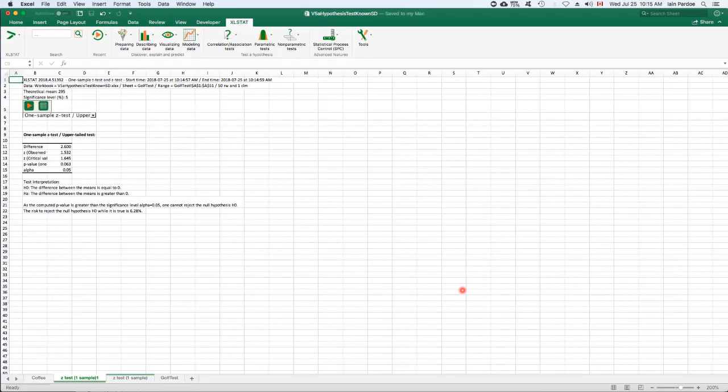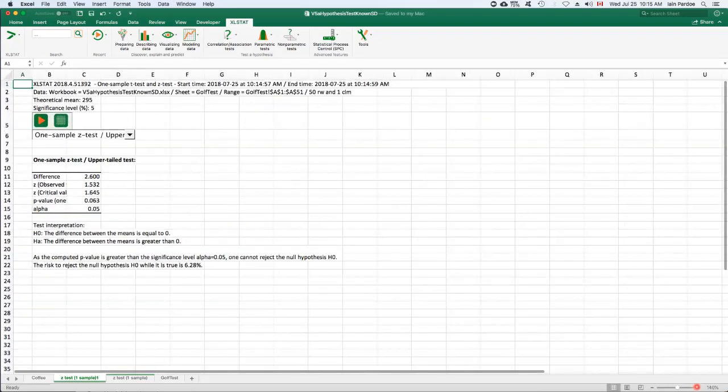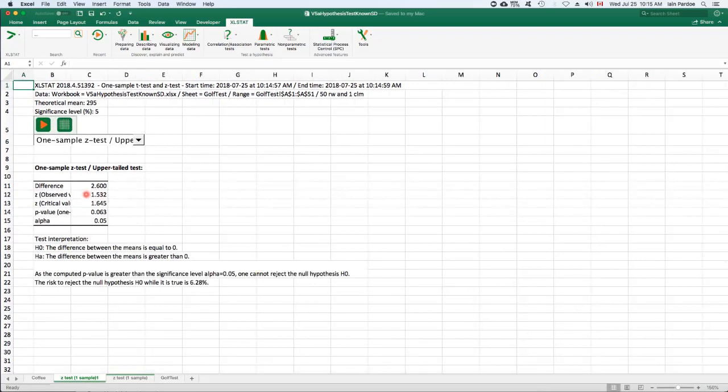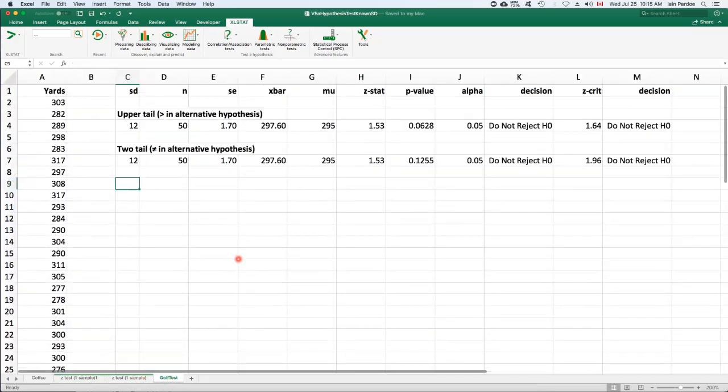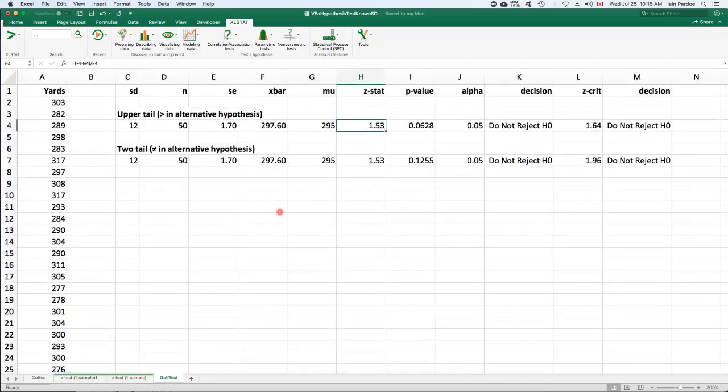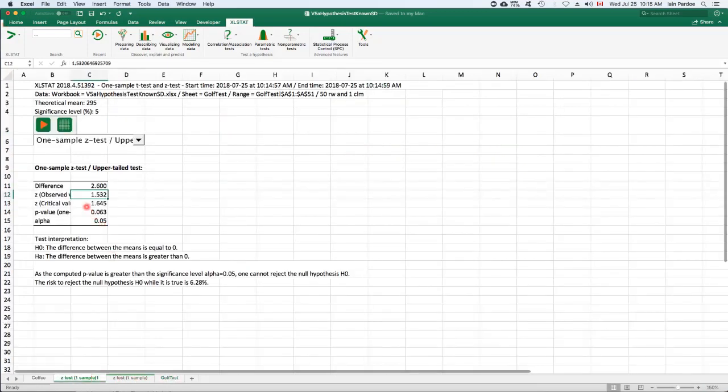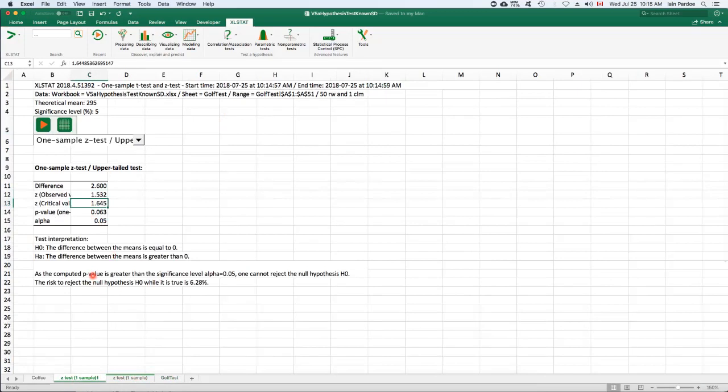Let's see if we got the same answers as before when we did it by hand. So our test statistic, 1.532. Yeah, that's what we got before. And our critical value, 1.645.